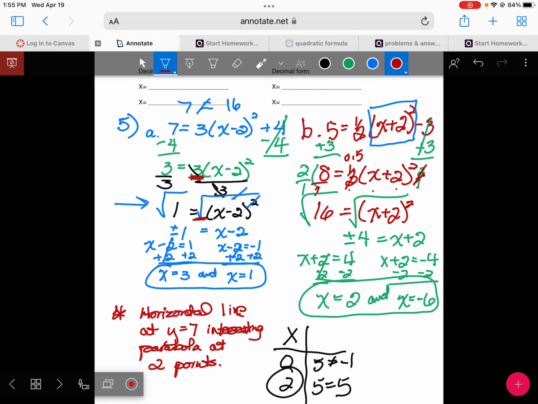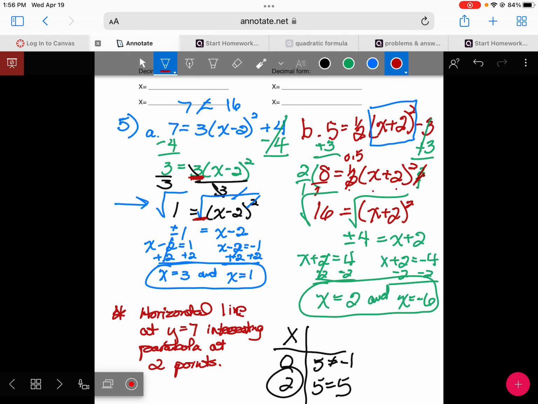Can we use that for like the other ones as well? If it doesn't tell you, you should be able to use it, yes. Good question. All right. And so do you understand that second question, we would see a horizontal line at y equals 5 crossing the parabola at 2 points. Something similar to that. All right, what other questions do we have?